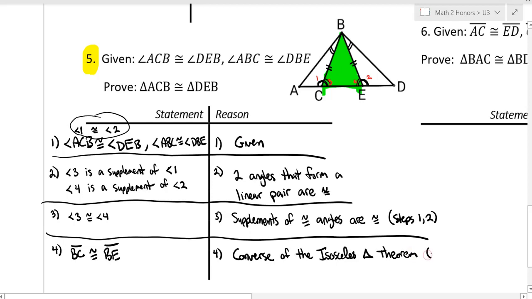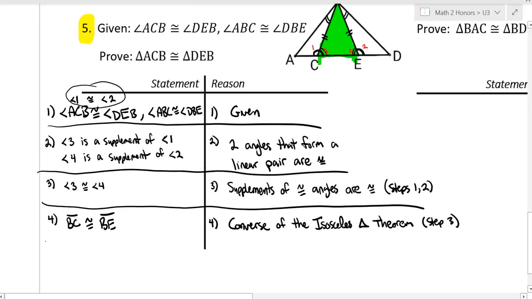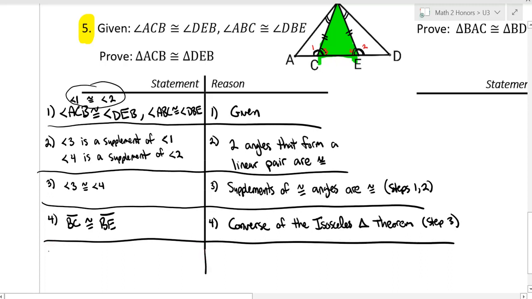And that relies on step 3, because step 3 is what tells us that the base angles of that triangle are congruent. So now, step 5, not 4.